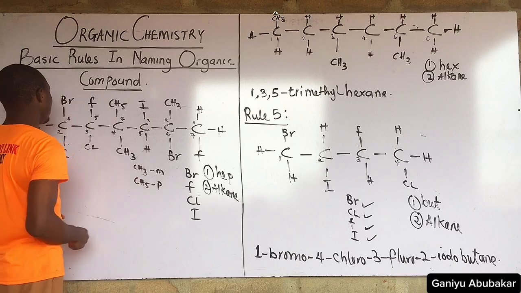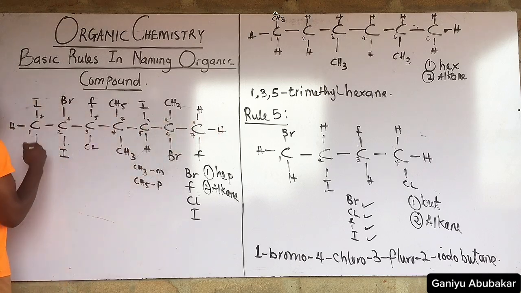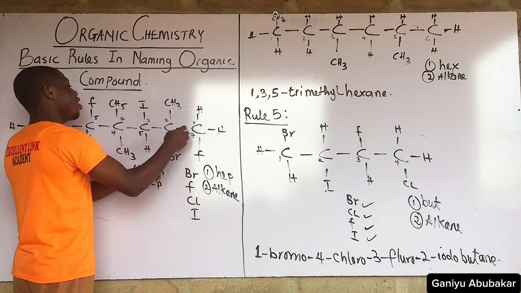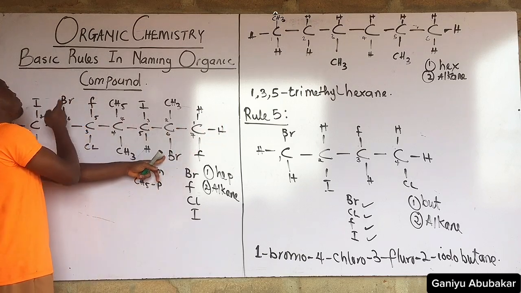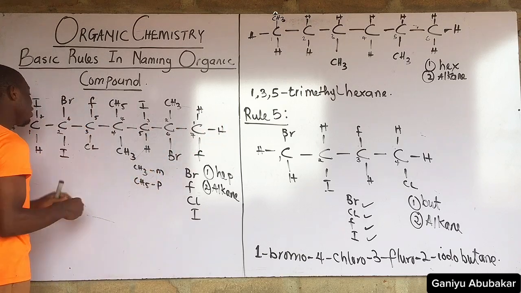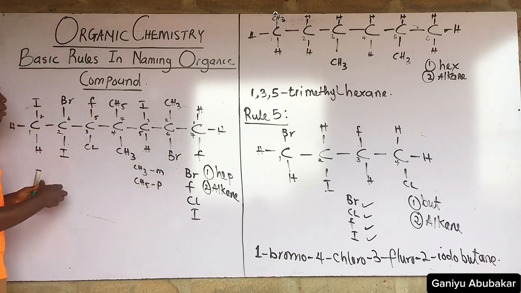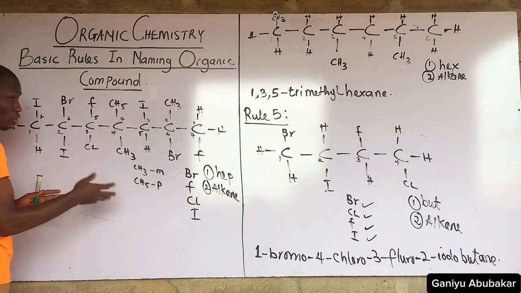Using my lower numbering, this bromine is attached to carbon 2, and this one to carbon 6. If you observe, this becomes 2, 2, 6. They are related in position.